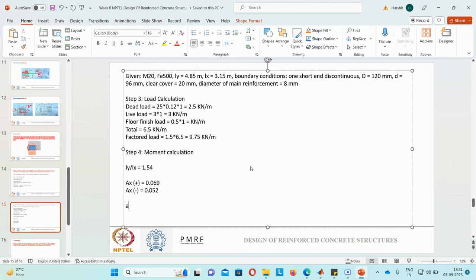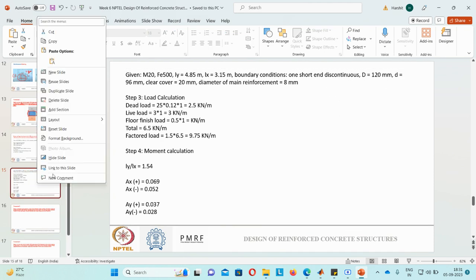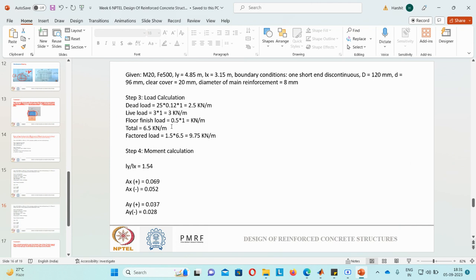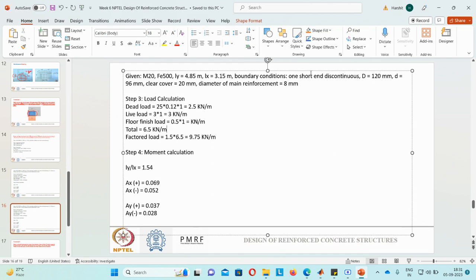Similarly, alpha y positive you will get as 0.037, and alpha y negative you will get as 0.028. Okay, so these are the coefficients. Now we need to calculate the moment from these coefficients.